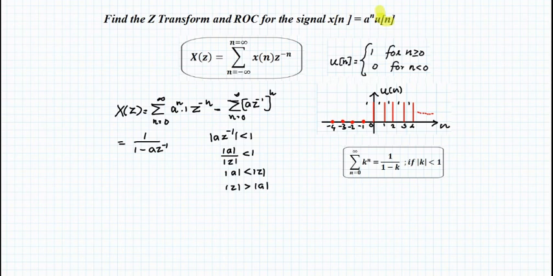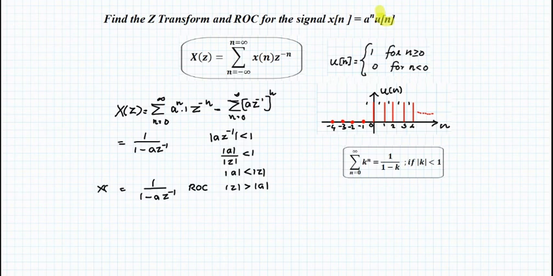So this equation is valid, or the Z transform exists only for this particular range of values of z. So this is known as the ROC, the region of convergence of this particular Z transform.